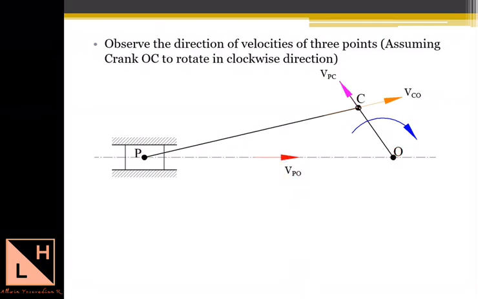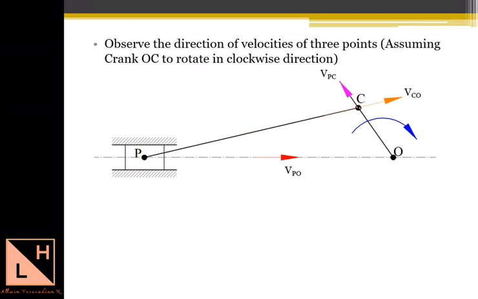Now the third velocity is VPC. PC is simply the part of this mechanism which is called the connecting rod. This connecting rod will also be subjected to motion because of the movement of the crank as well as because of the movement of the slider.